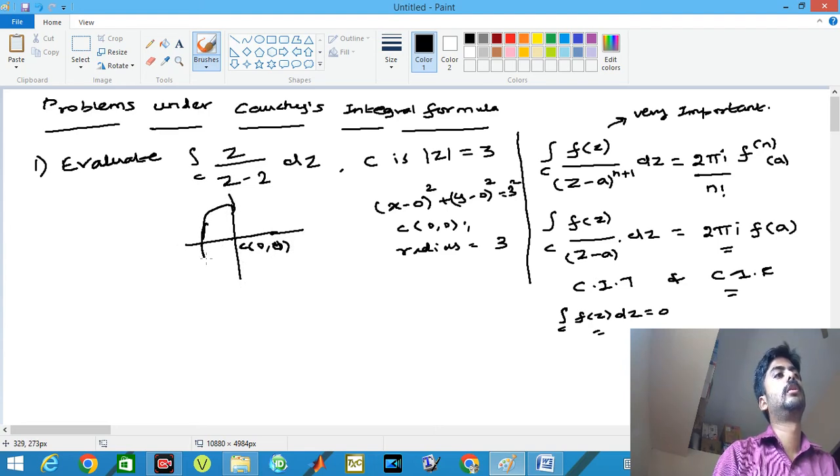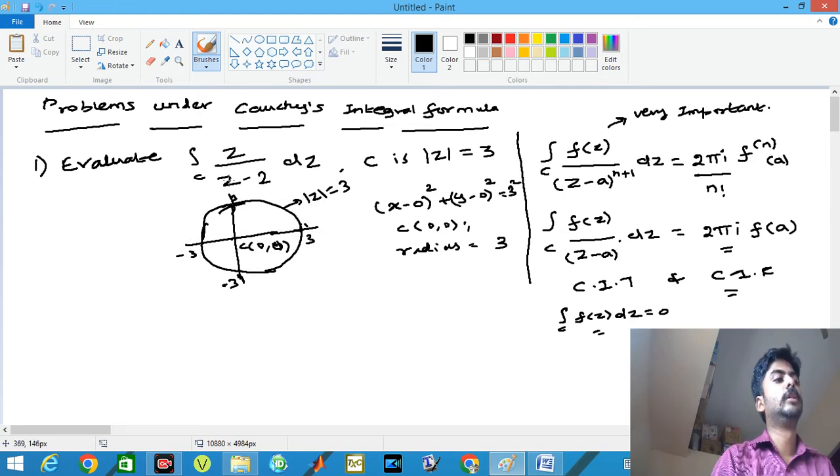Now I have drawn this circle. The radius is 3, so here it will be 3, here it will be minus 3, here 3, and here minus 3. This circle equation is modulus of z equal to 3.